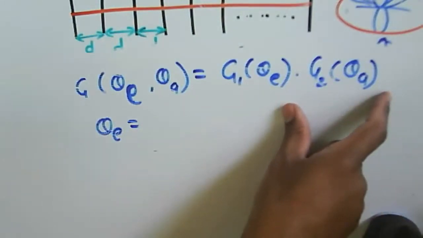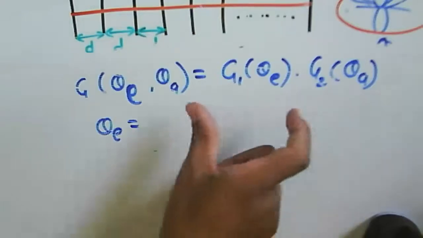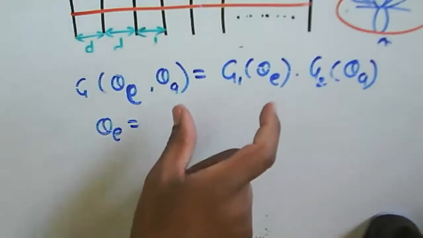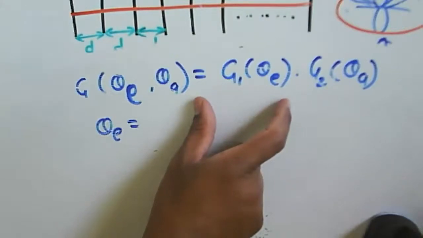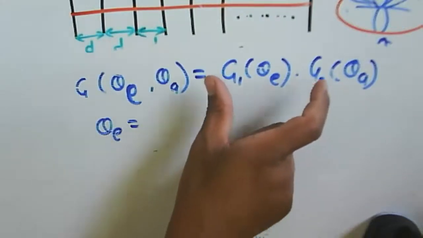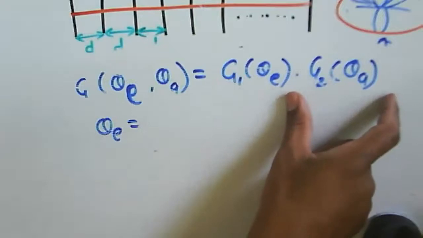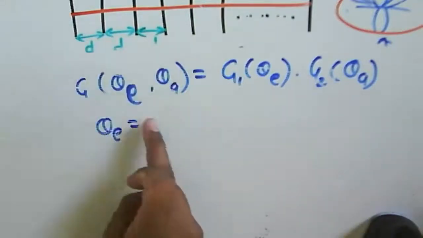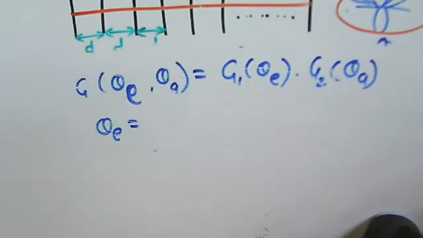So how many elements are present in theta e or in theta a, based on that we get this radiation pattern.